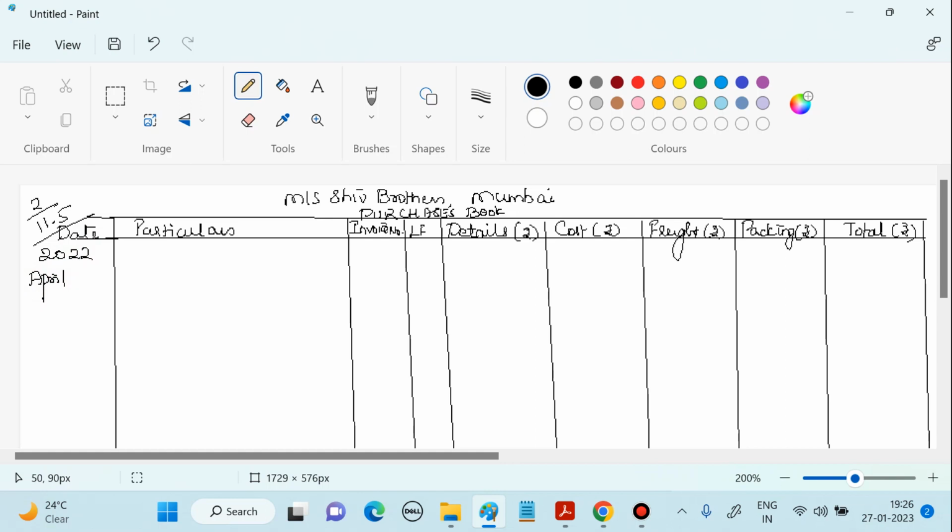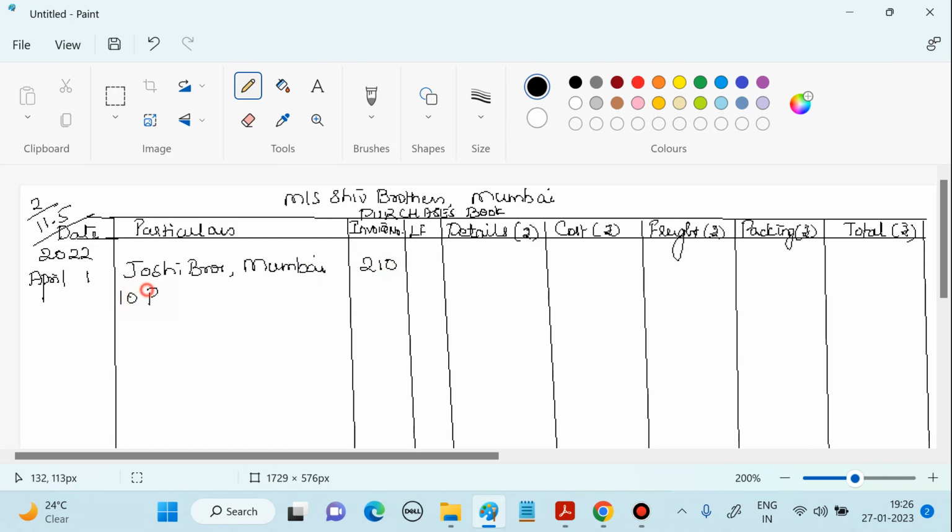I'm done. First transaction is April 1st. So this is purchase of goods from Joshi Brothers. We'll write the name of the supplier, Joshi Brothers of Mumbai. Vide invoice number, write in the invoice number column, 210. What they purchased will be written here.